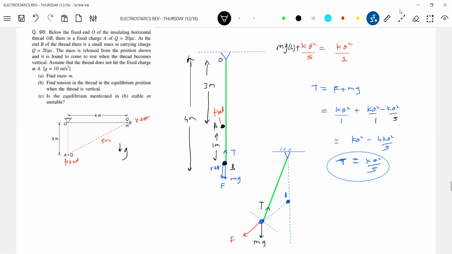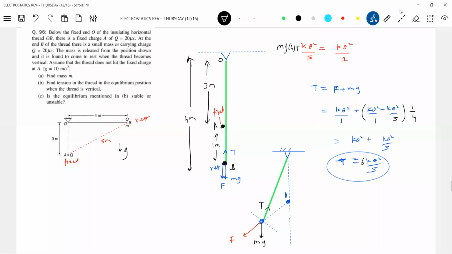So 4 by 5, this will be 1/4 of it. Now mg is 1/4 of kq square by 1 minus kq square by 5. mg by 4 also needed. 1/4 of that, so that 4 will get cancelled out. 6 kq square by 5. Check the calculation. Yes, sir.